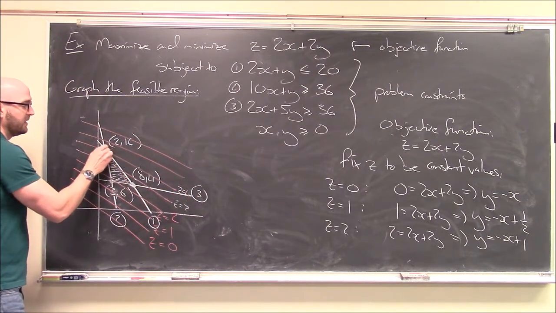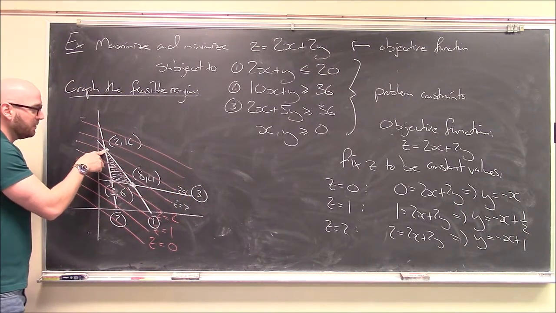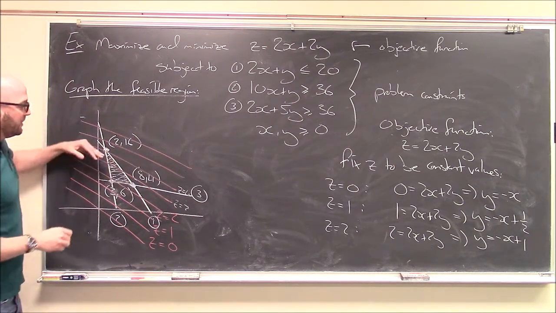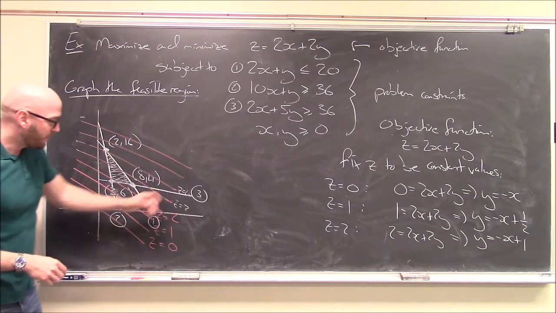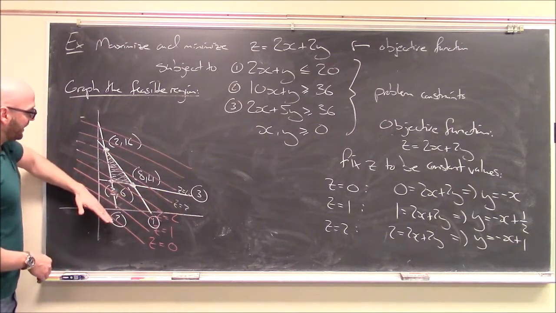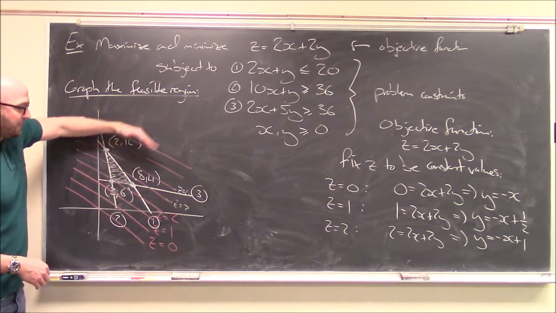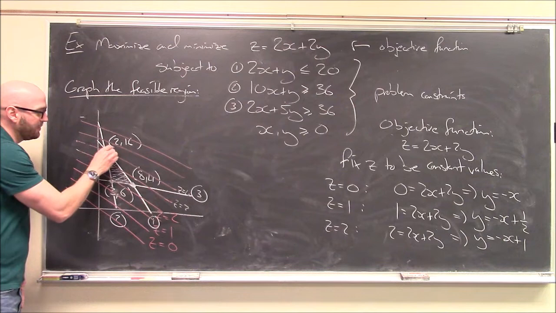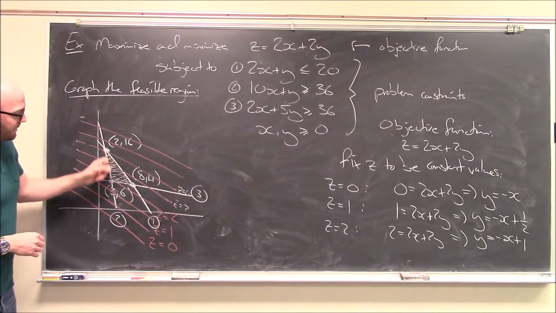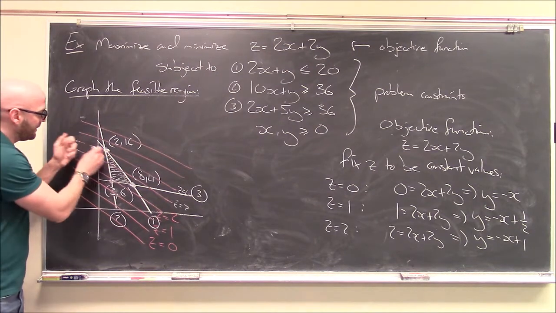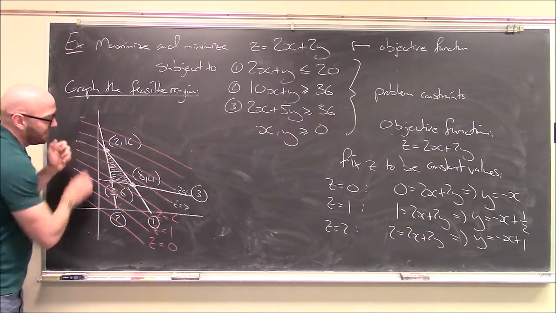Well, this point looks like it gives values even slightly bigger than z equals 4, but it's clearly corresponding to the largest value for z. Again, I'm not claiming these are to scale. This might be z equals 10 or something, I don't know. But as we proceed further and further up these constant value lines, you'll see where we eventually hit this corner point, which is the very last point in this feasible region that gives us the largest value for z.